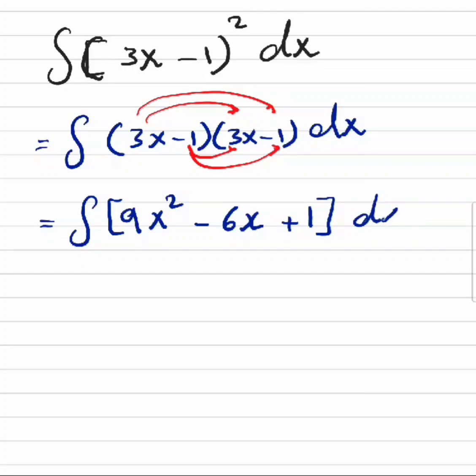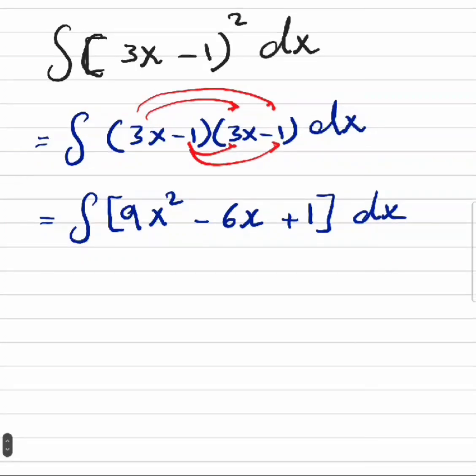So now let's combine like terms. -3x plus -3x is -6x. So this is what we now have.